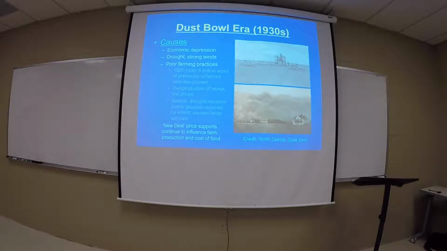But that resulted in a lot of them going out of business, and so there were a lot of unused fields that were left bare. Again, a lot of erosion, and that led to the dust storm problems. And also during this time, the natural drought-resistant prairie grasses were replaced by wheat. So that, again, contributed to the problem.